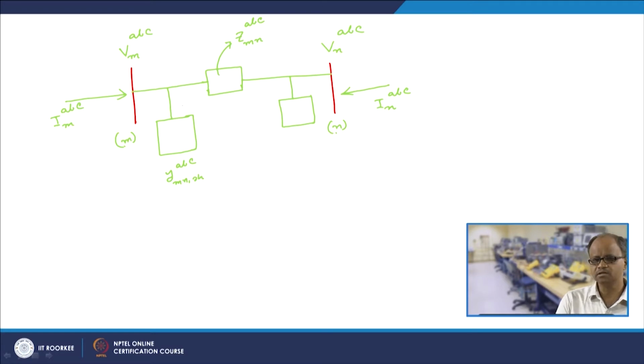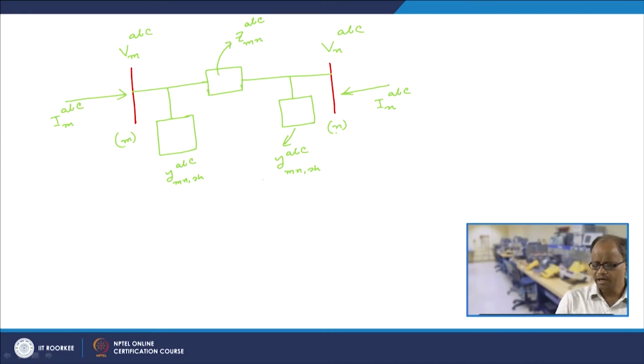Please note that this is in half line, and this also we call Y_MN,shunt^ABC, right. This particular shunt (SH) is included to note that this is the shunt and this is not the inverse of this.